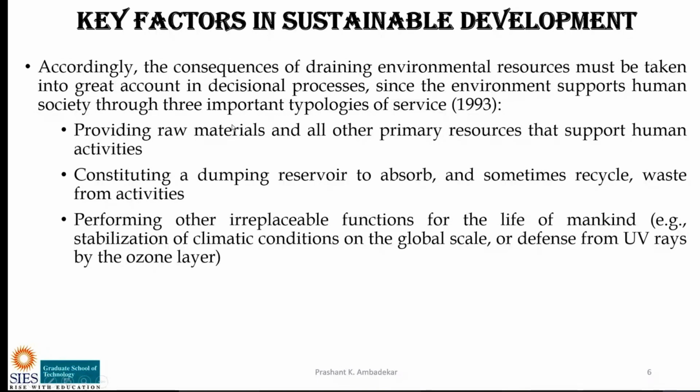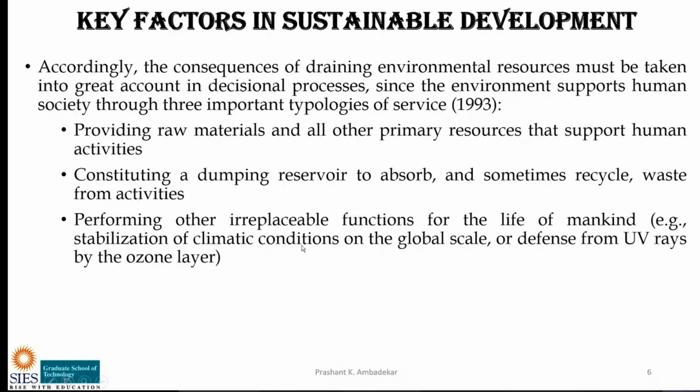So whatever people may do, they cannot prevent the coming of UV rays from the sun on the earth, in the atmosphere of the earth. Only the ozone layer can do it. So if we continue doing these activities and harming this environment, then this cannot be replaced. That's why it is written performing other irreplaceable functions which are given by nature for the life of mankind.